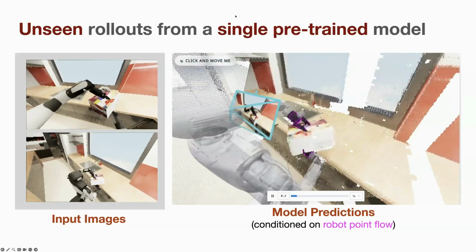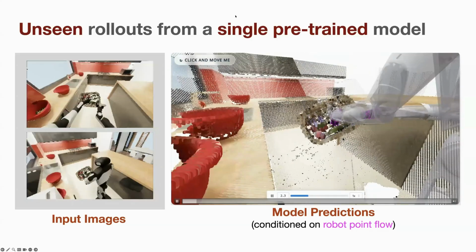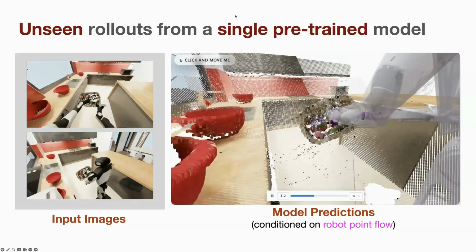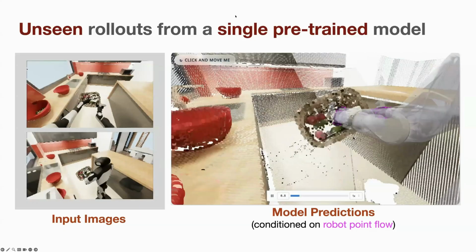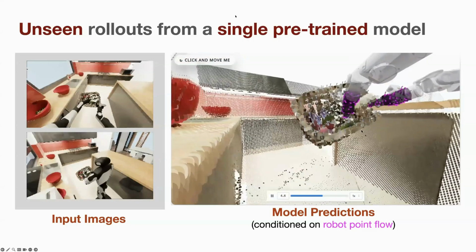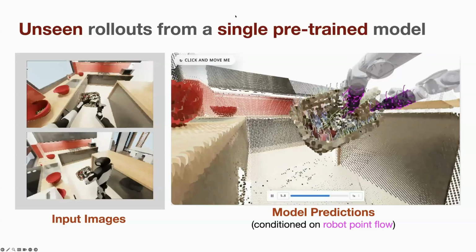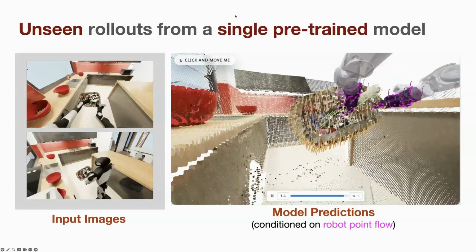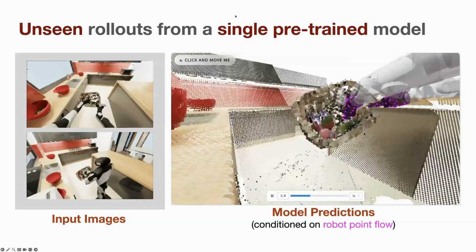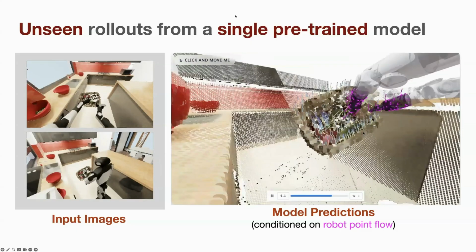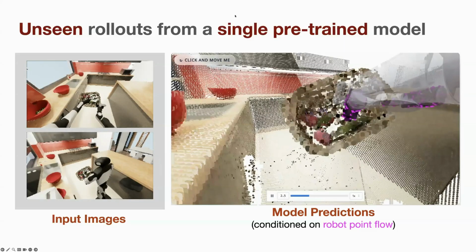I think this one is also interesting because these are unseen rollouts, but the robot here is holding this basket and shaking the basket while there are many objects in the basket. So it's really hard to predict this. It needs to reason about how the objects come into contact with each other, how they come into contact with the basket, and how gravity affects all of this as well.